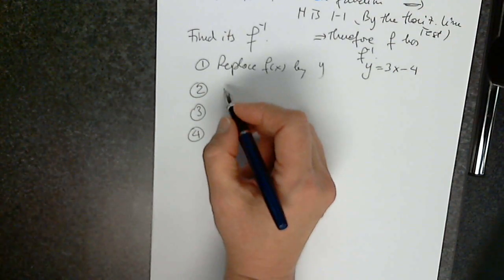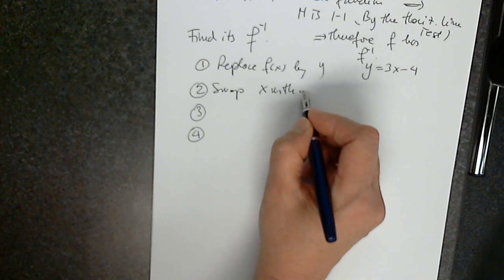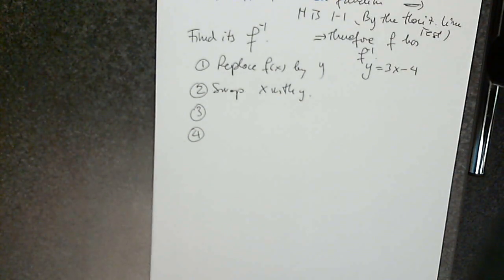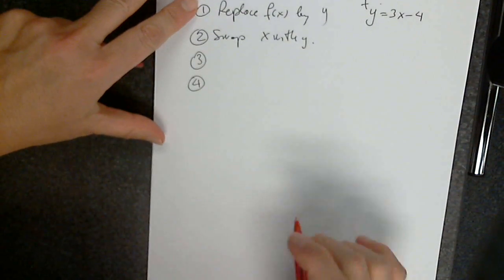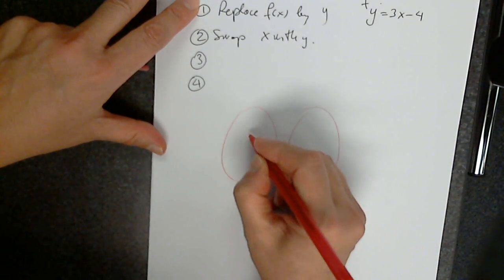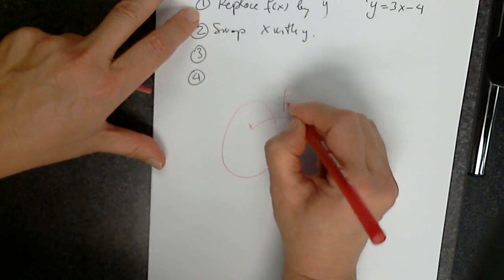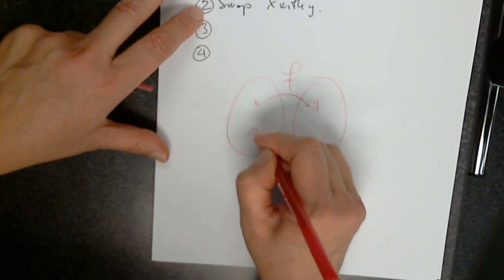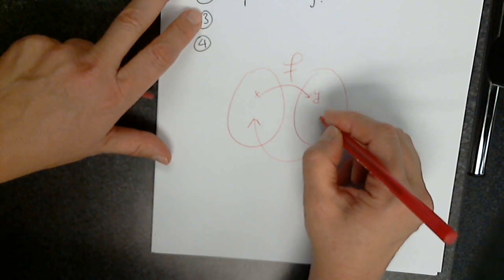In step 2, I swap x with y. And you can say, wait a minute. So here's x. You're getting to y. So this is your f. But now you want this to be f inverse. So now I'm replacing y by x.